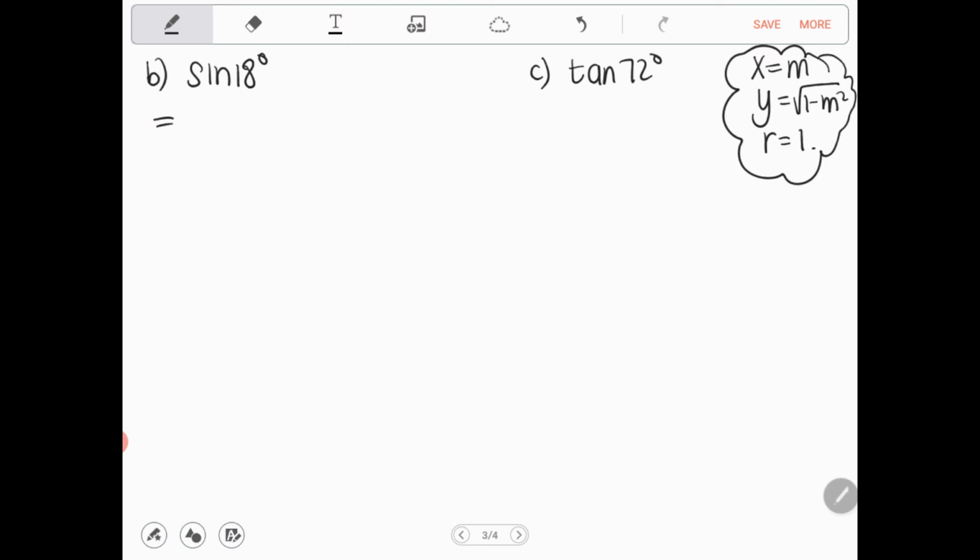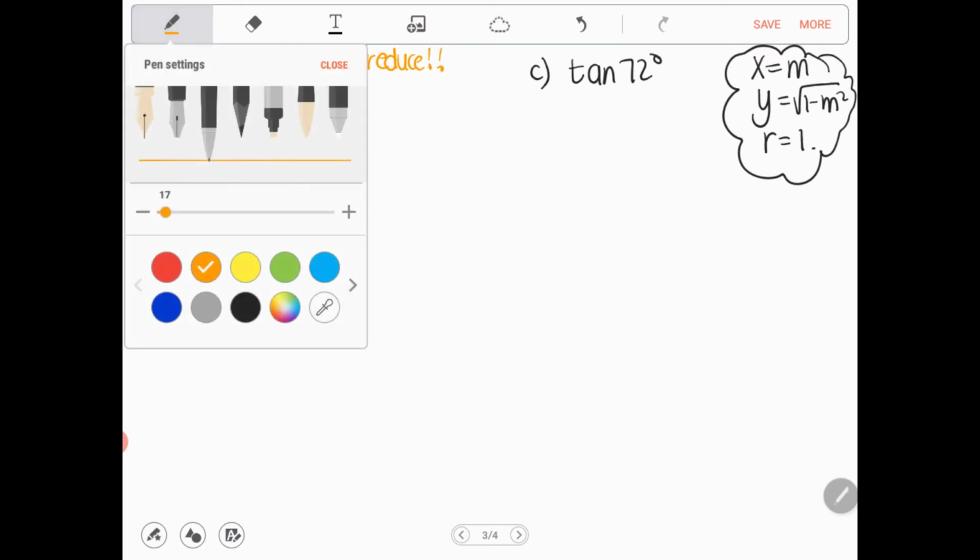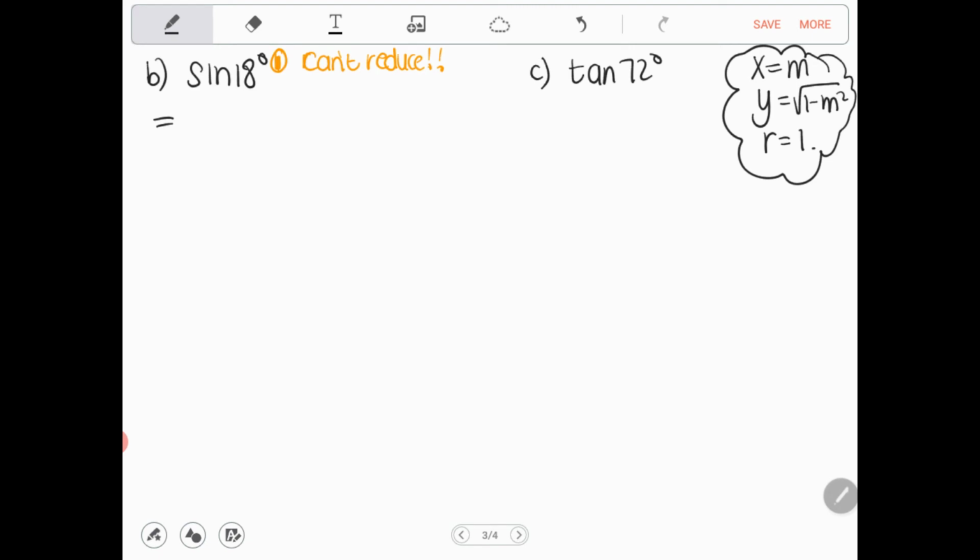Okay, sine 18, well that's in the first quadrant, so it's already reduced. And remember I'm looking for an angle of 72 because my question is all in terms of 72.